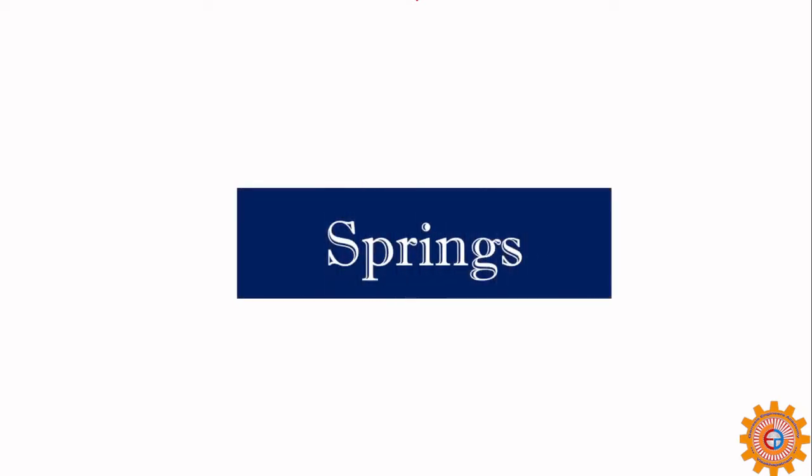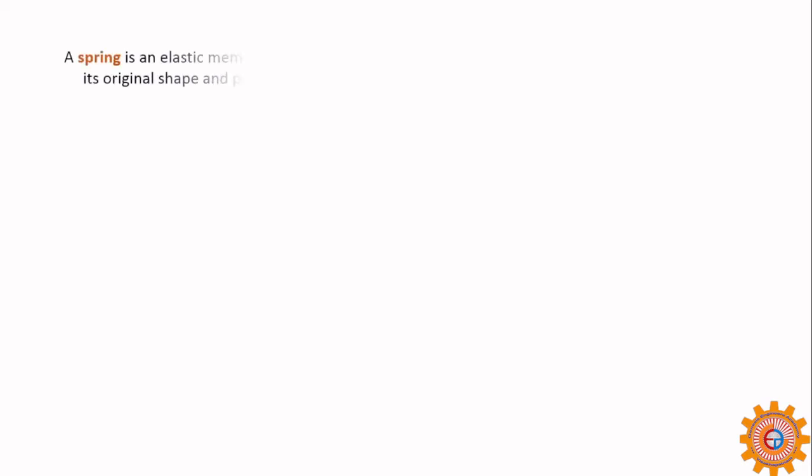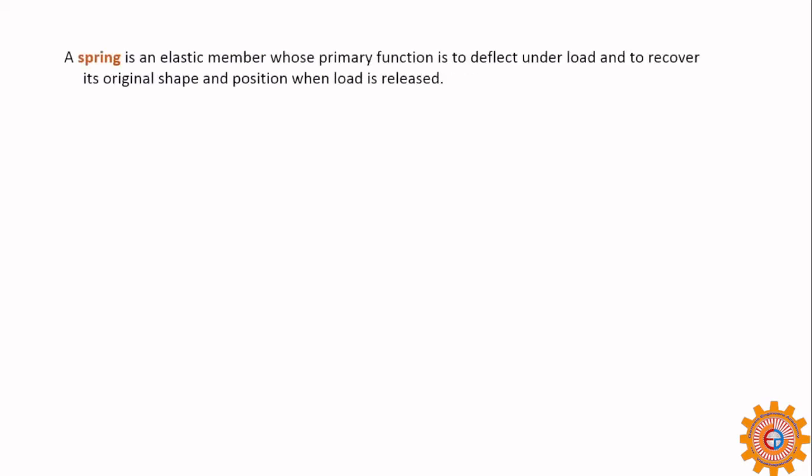In this video, we are going to discuss springs that are used in engineering applications. A spring is an elastic member whose primary function is to deflect under load and to recover its original shape and position when the load is released.